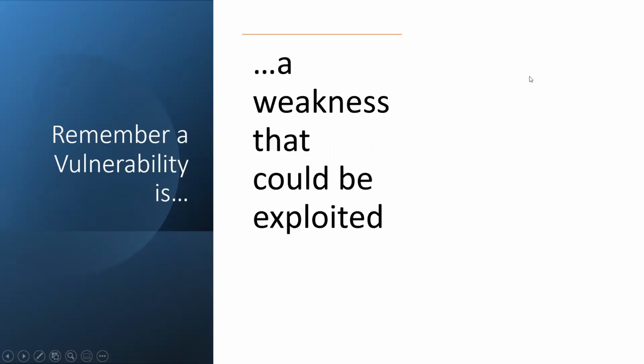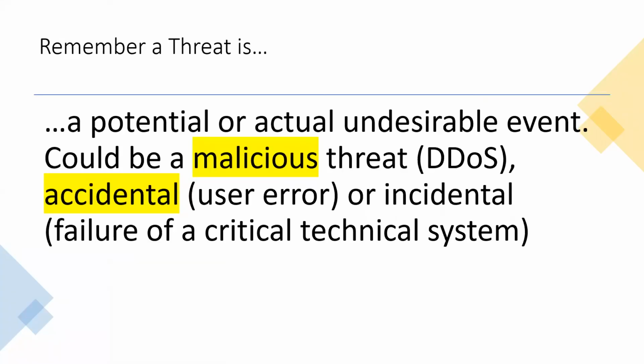Remember, a vulnerability is a weakness that could be exploited. And a threat is a potential or actual undesirable event. Could be a malicious threat, such as a distributed denial of service attack, or an accidental threat, user error, or an incidental threat, such as a failure of a critical technical system.